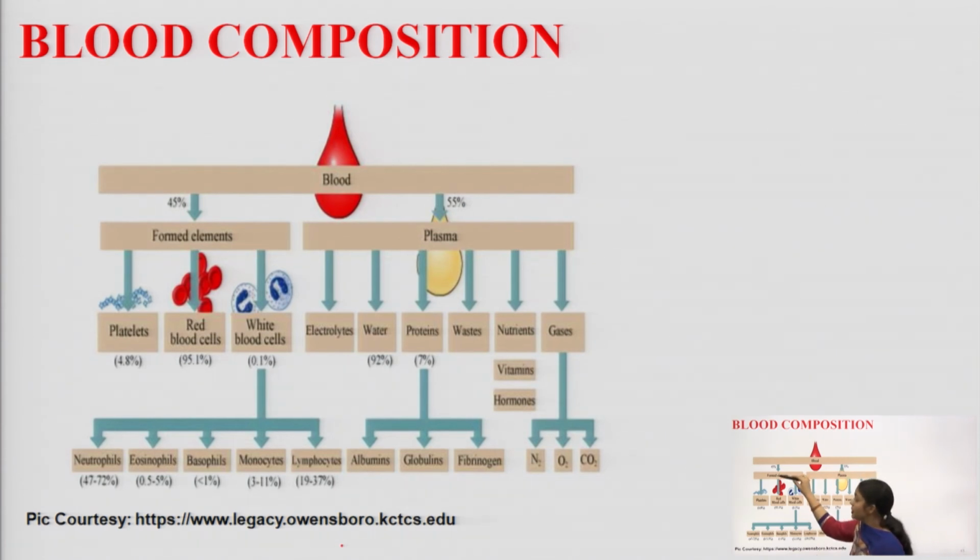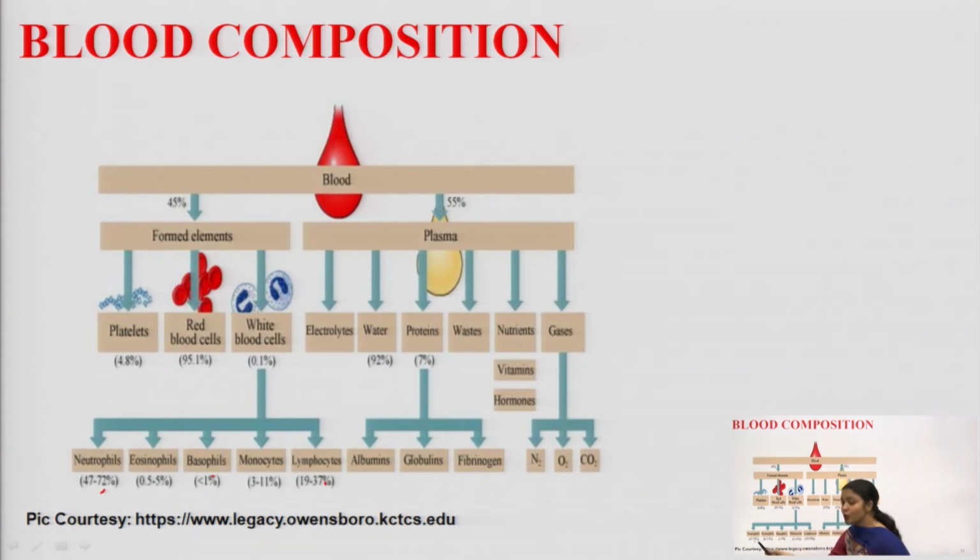Formed element consists of platelets, red blood cells and white blood cells. 4.8% platelets is present in a formed element, while 5.1% is red blood cells and only 0.1% is white blood cells. White blood cells are the neutrophil, eosinophil, basophil, monocytes and lymphocytes.